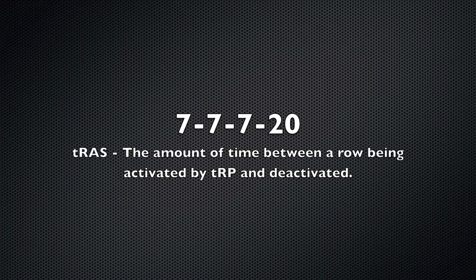Now this last number is the RAS timing. It's the amount of time between rows being activated by pre-charge and deactivated. Now a row can't be deactivated until the RAS is completed. So you've got to remember, the lower number is the faster performance, but if you set it too low, it can cause data corruption by deactivating one of those rows too soon.